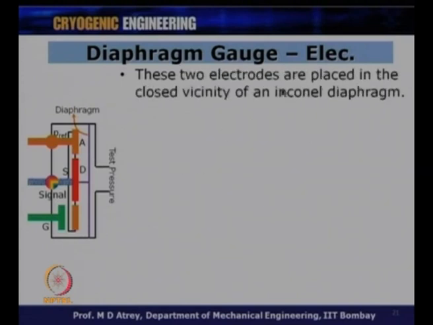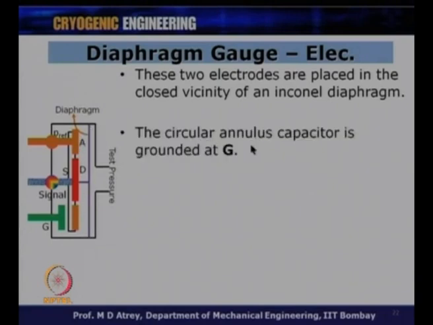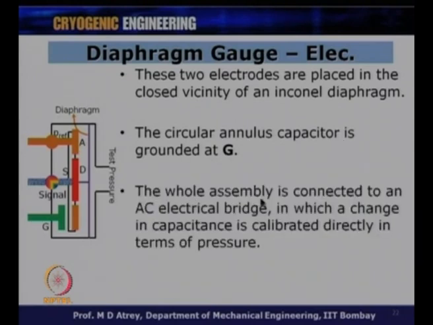These two electrodes are placed in close vicinity to an Inconel diaphragm. Now, the circular annulus capacitor is grounded at G. The whole assembly is connected to an AC electrical bridge in which a change in capacitance is calibrated directly in terms of pressure. So, whenever there is a motion of the diaphragm, the capacitance change happens over here.